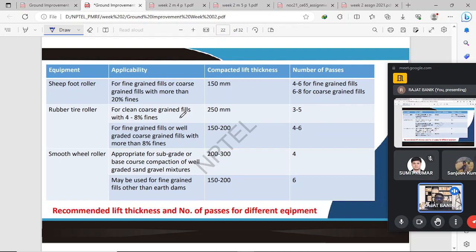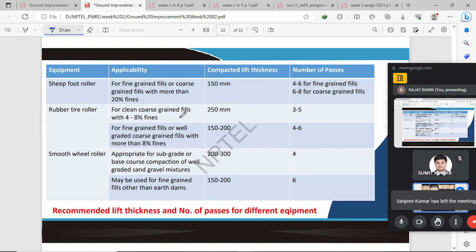And the lift thickness is more than the sheepsfoot roller because the compaction energy is more than the sheepsfoot roller. So the lift thickness is automatically more, it is 250 mm, and the number of passes required is 3 to 5.